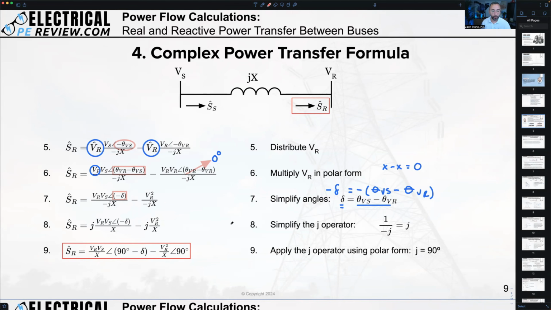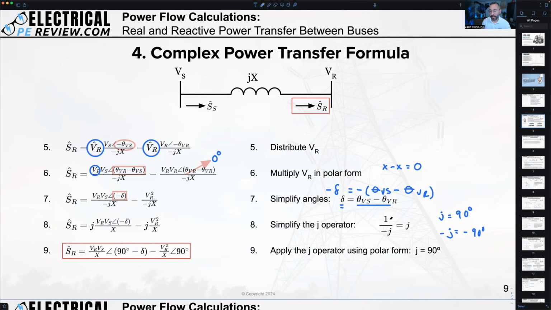The next step is we're going to simplify the J operator. What does J by itself equal? 90 degrees. Beautiful, Patrick. What's negative J? What does negative J equal if positive J is 90? Yeah, negative J is negative 90 degrees. So this is like a magnitude of 1 over 1 at negative 90 degrees. When we divide polar numbers, instead of adding their angles like when we multiply, we subtract their angles.